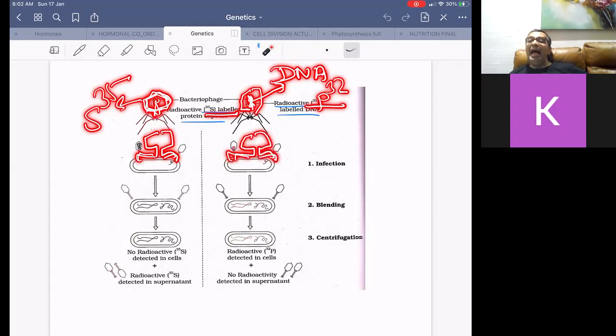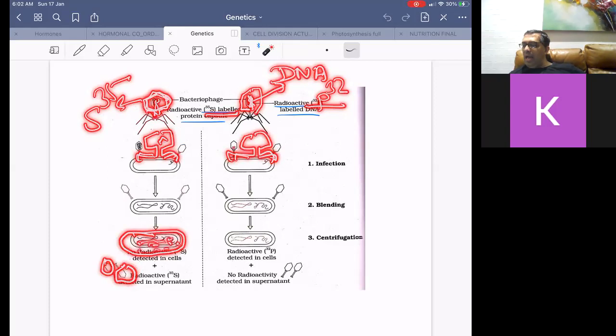Now, what happened? It was found daughter bacteriophages were formed, and where S35 was used, there was no radioactivity detected inside the bacteria. And where P32 was used, radioactivity was detected inside the bacteria.